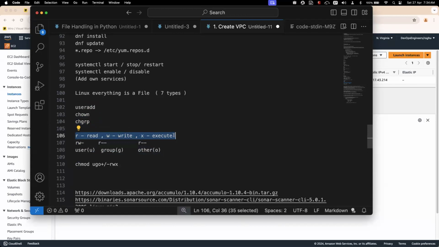That permission is being modified by this particular command. Mostly chmod we may not use; chown is generally used, because while we run applications we need to set the ownership of those files to an appropriate user. So we're going to use that.